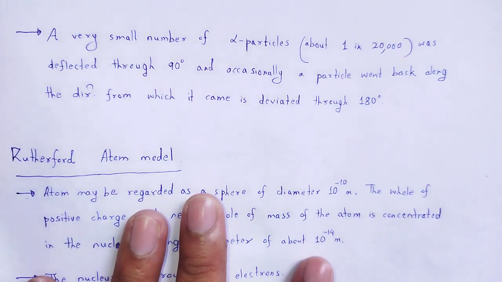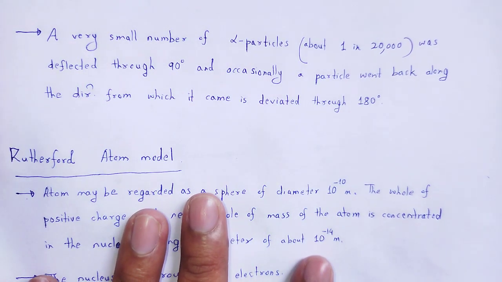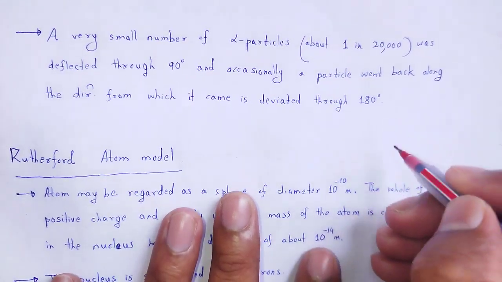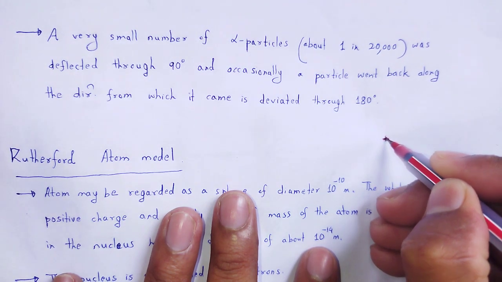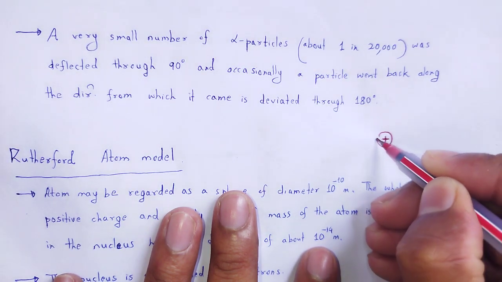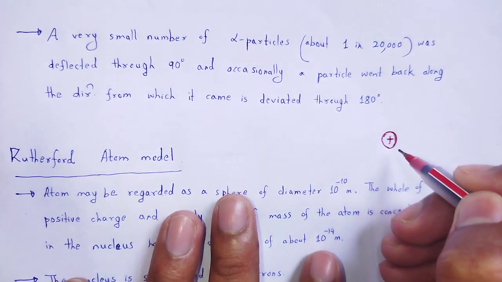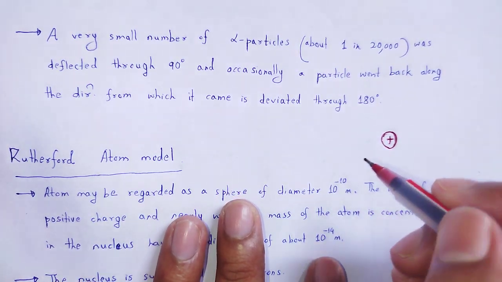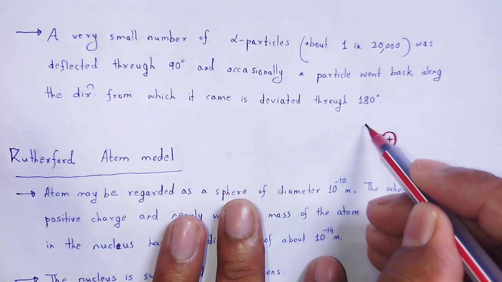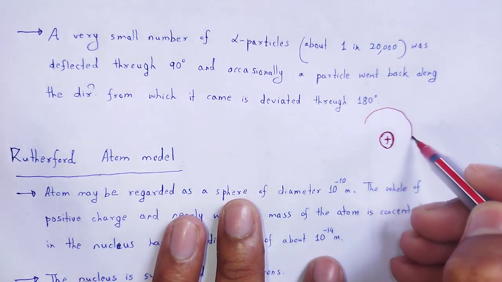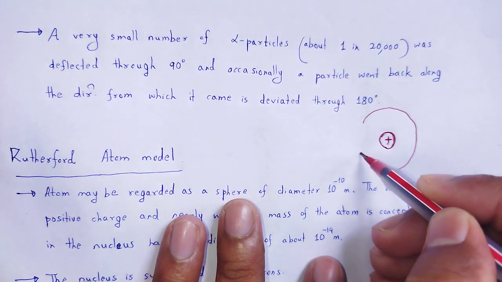Look at the figure. This is the nucleus. Till now the nucleus has not been observed, but for our understanding I say that is the nucleus, and this is the atom.